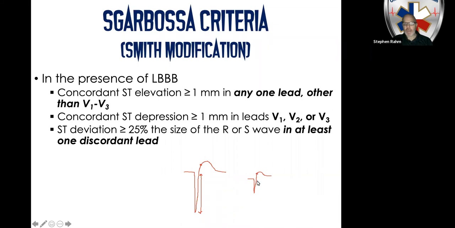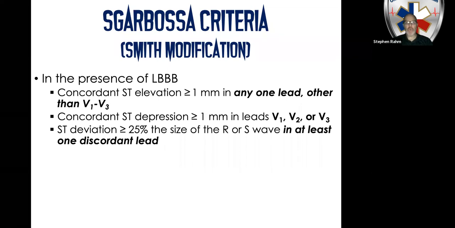And now relative to the depth of the S wave, you have proportionally a larger amount of ST elevation. So it was this concept, this theory that gave rise to the modification that Dr. Smith made, which was if you look in any discordant lead and you see ST deviation that is 25% or greater the size of the QRS.